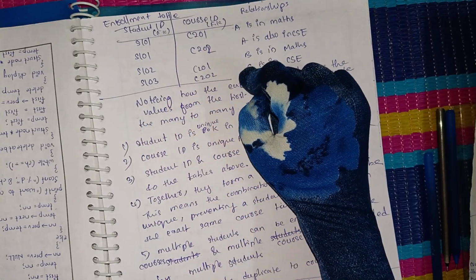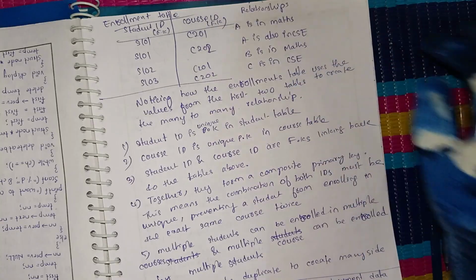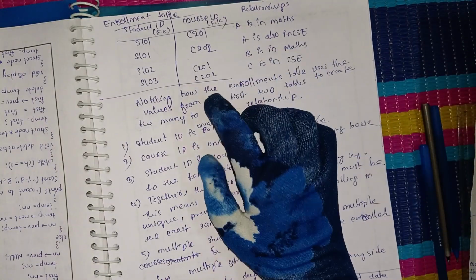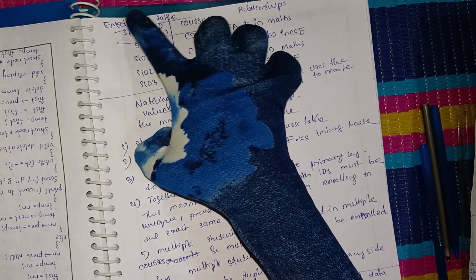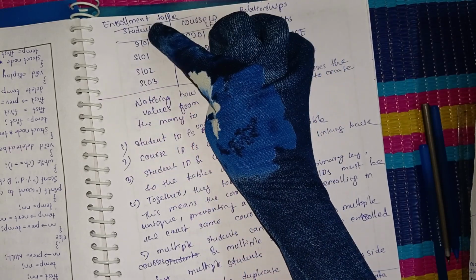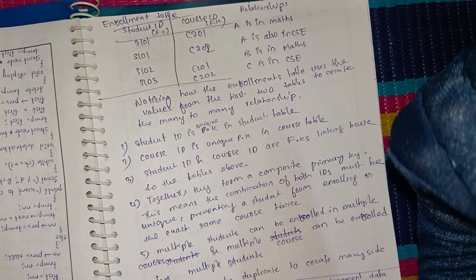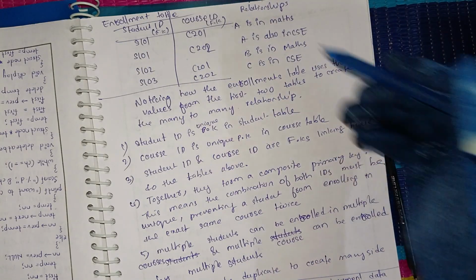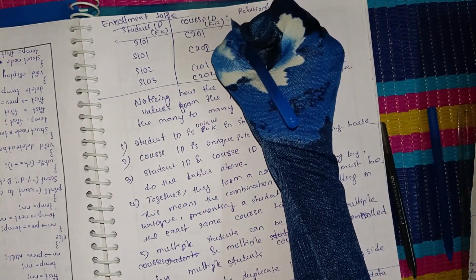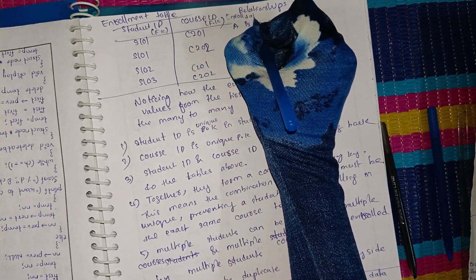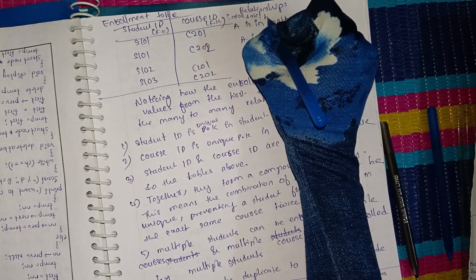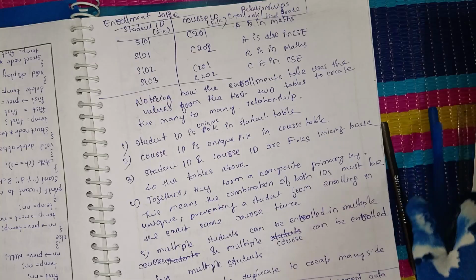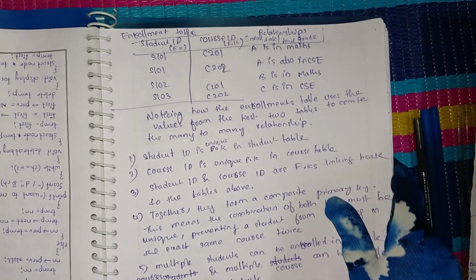Here we can write enrollment date and final grade, so it will become an associative entity. This here represents only the relationship. Associative entities contain attributes, as we have studied in the definition, so it should contain enrollment date and a final grade columns.